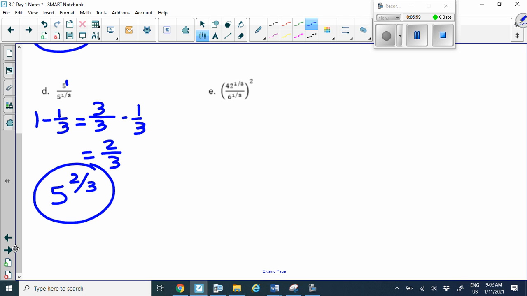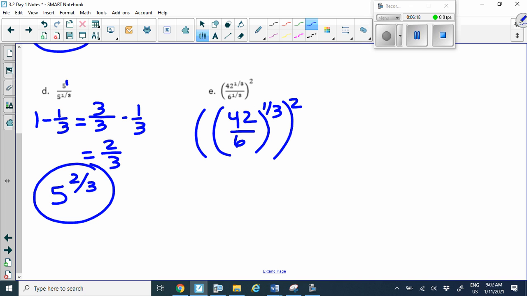So we could rewrite this as 42 over 6, all being taken to the 1/3, because both of them have the same exponent, so I'm kind of reversing here. Remember, when they have the same exponent, different bases, you can do that. And I can rewrite this squared.